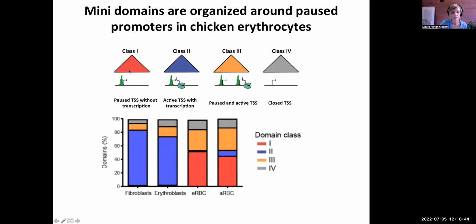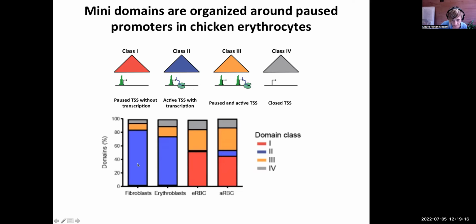So we classified the domains in these 4 groups: class 1, a poised mini domain with accessibility and no transcription; class 2, a normal open and transcribed TSS associated to a gene that is transcribing; then a class 3 in which you have a combination of both scenarios; and a class 4 in which the TSS is completely closed and there is no transcription.